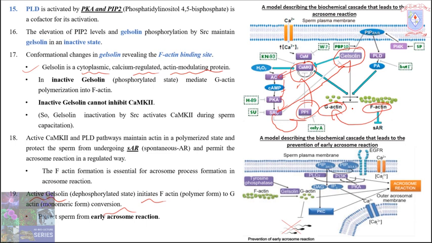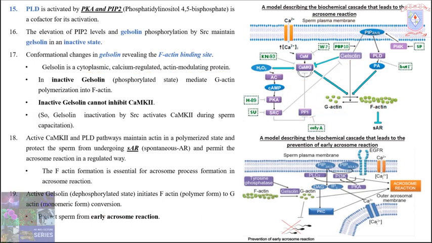But here what happens? SRC inactivates gelsolin, means inhibits gelsolin by phosphorylating this gelsolin protein. Okay. In inactive form, gelsolin allows the F-actin formation, means the polymerization of actin monomers.